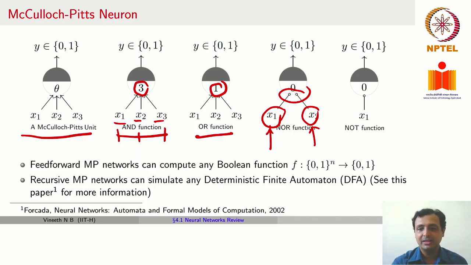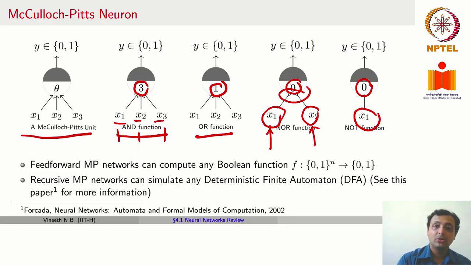And you can clearly see that as long as the threshold is greater than 0 here, you would get an output. Similarly, the NOT function is another setting where you have a single input and it's an inhibitory input, and if you keep the threshold as 0, you get your output to be 1 to simulate the NOT gate. As you can see, you can probably simulate most logic gate functions using the McCulloch-Pitts neurons.